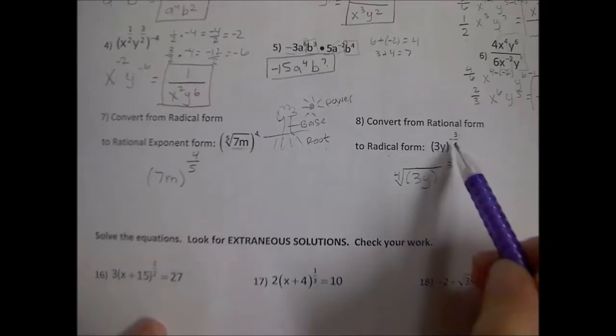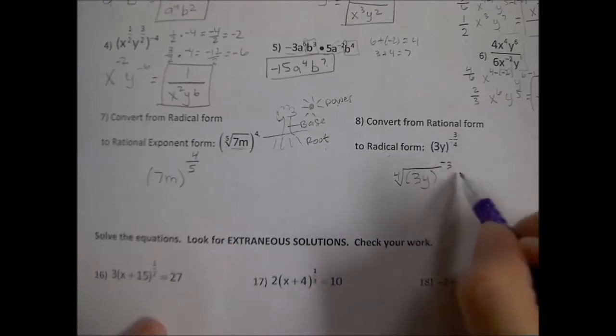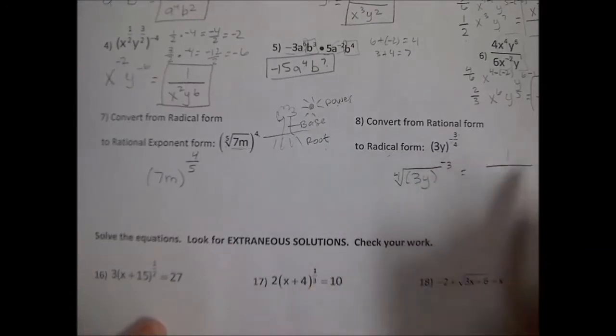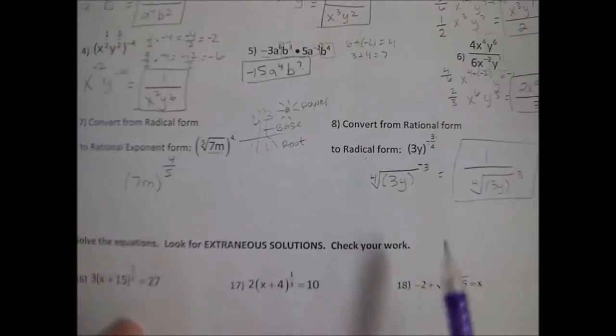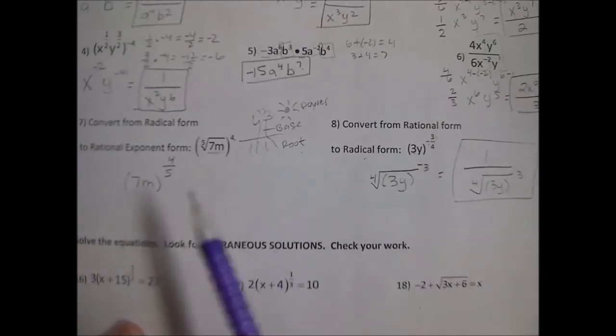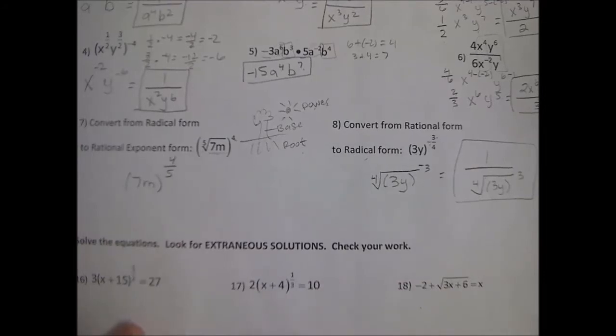And also, since it was negative 3, this whole thing actually gets flipped underneath a fraction, so it becomes 1 over the 4th root of 3y to the power of 3. So right here, back and forth, we're going between our radical form and our rational form.